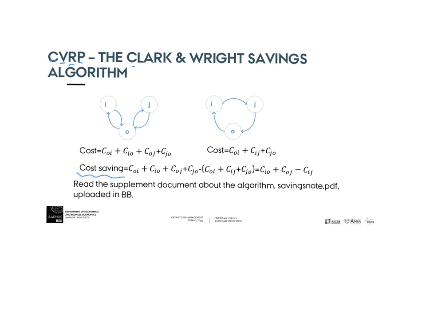Because if you drive the items from node I to the depot 0 and back, and from the depot to node G and come back, then you actually go two routes. The idea in this heuristic algorithm is that if you start from point 0 and go to point I, and then continue to drive to node G and then go back to the depot, you actually save some routes.